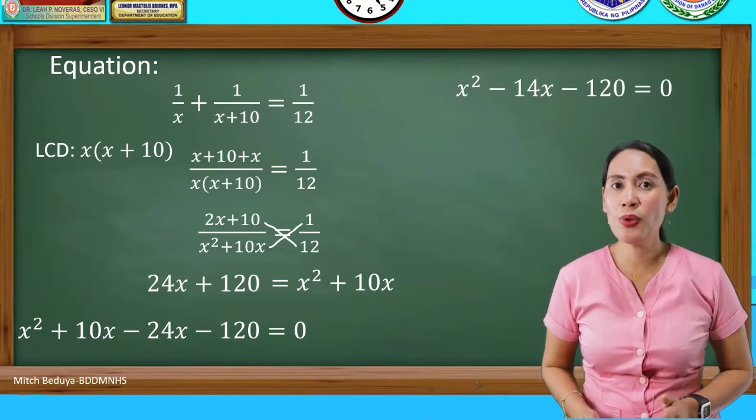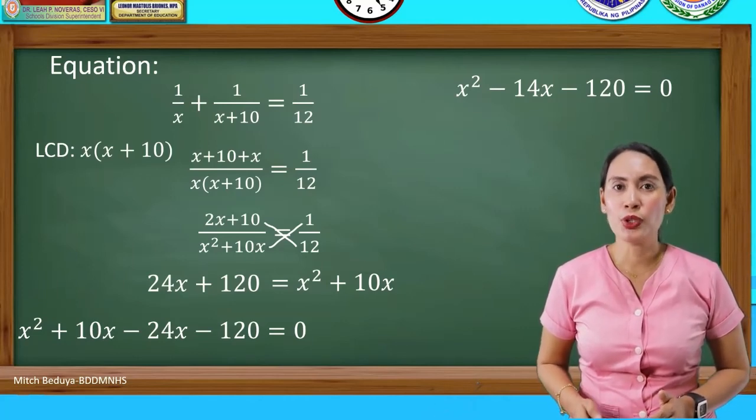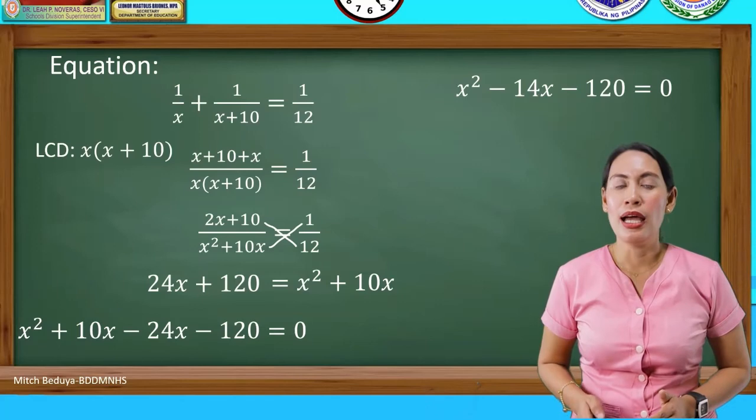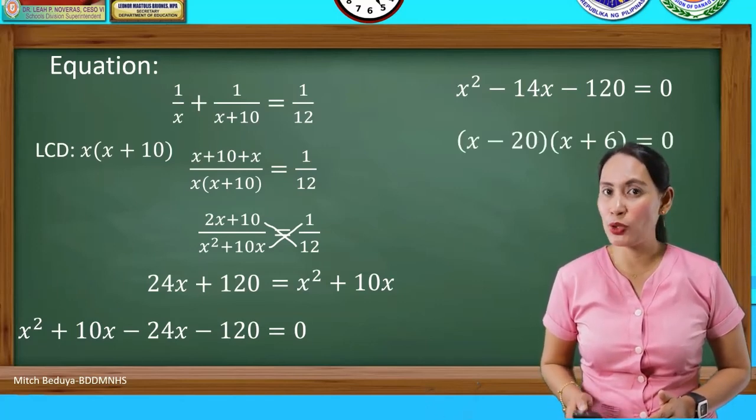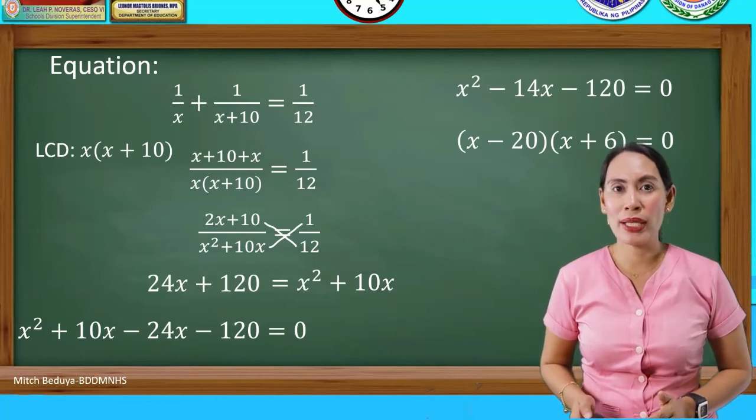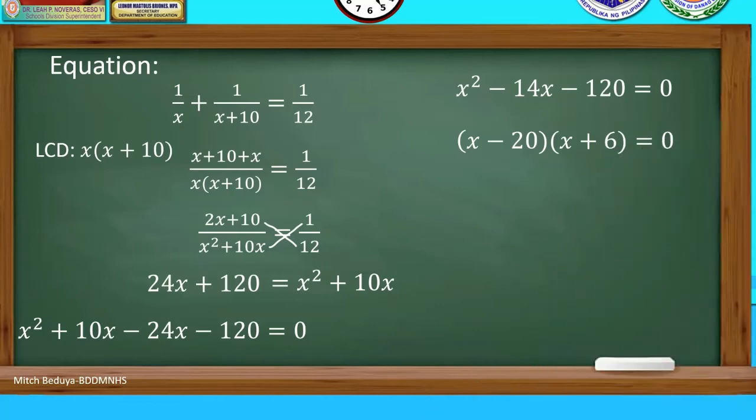So we can now solve the equation. By factoring method, the equation is now the quantity x minus 20 times the quantity x plus 6 equals 0. By applying the zero product property, we have x minus 20 equals 0 or x plus 6 equals 0.